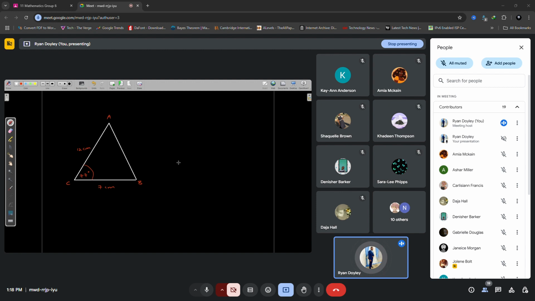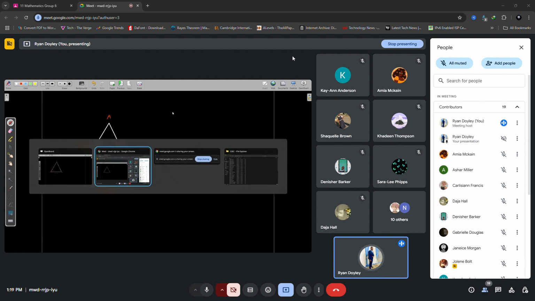All right, so can I have a volunteer for this one? I want to find the area of this triangle. So how do we set out our formula? All right, I guess I'm going to have to start calling names.